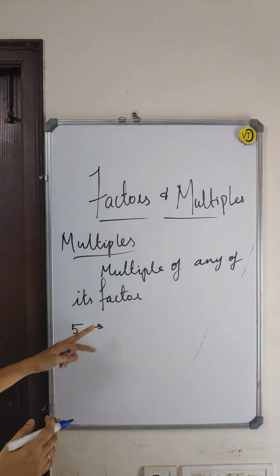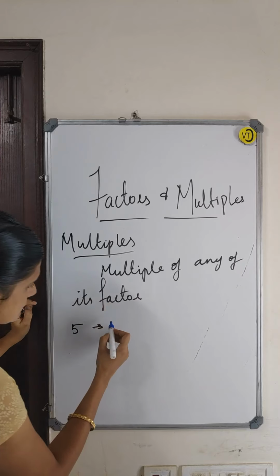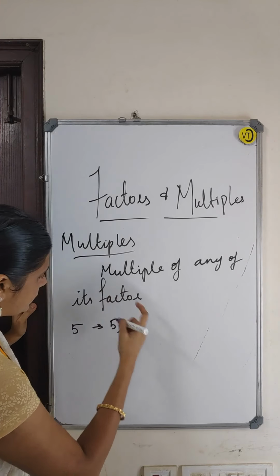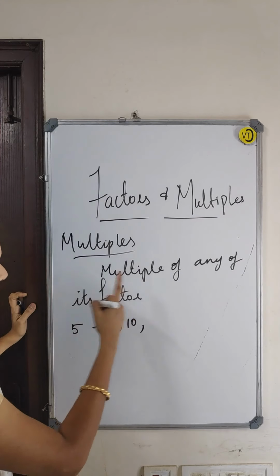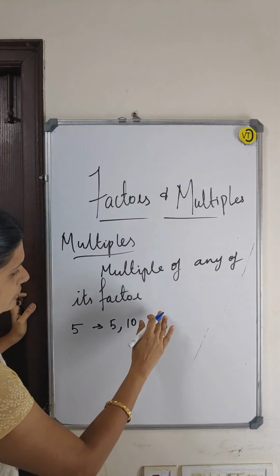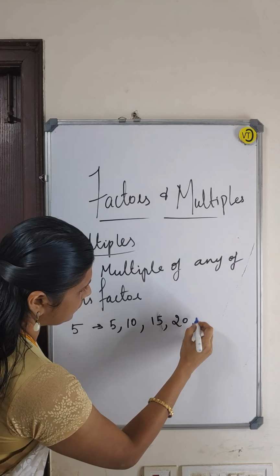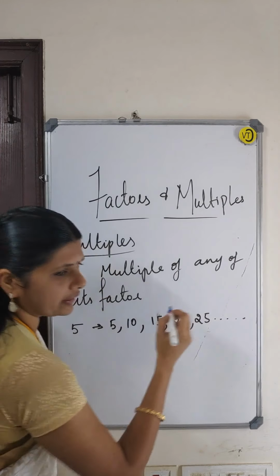First you write 5. Then 5 into 2, twice 5 is 10. 5 into 3, 15. And 20, 25. It goes on like that.